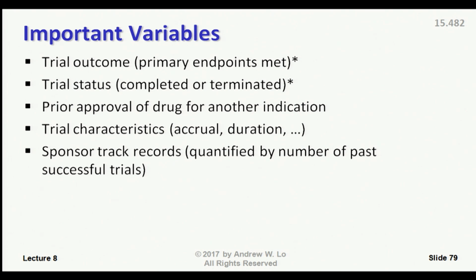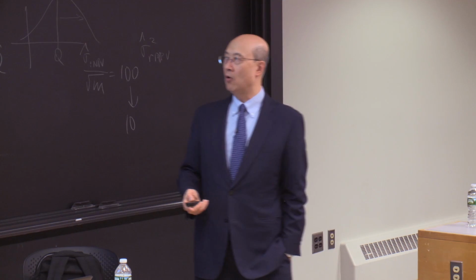If the drug has been approved for something else, first of all, you already know it's safe, right? And so that's a huge leg up. And finally, sponsor track record. In other words, if you've approved other drugs in the past, most likely you're going to be able to get this drug approved. So these variables, as you would expect, do play a pretty big role.